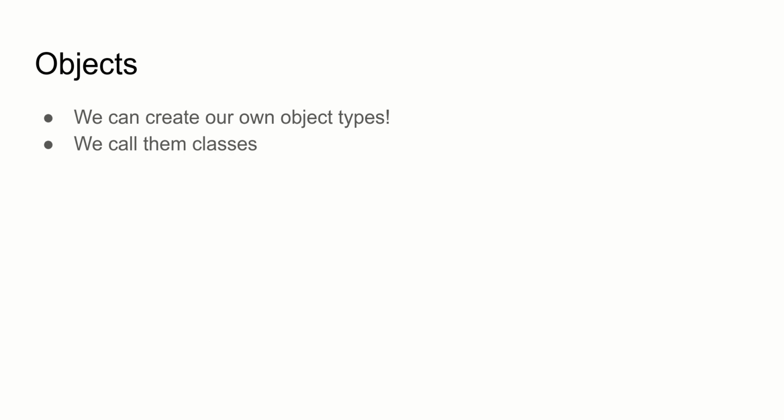We've used objects already, whether you knew it or not, and will continue to do so. But we can also create our own object types. What we do is we give them a specification, and that specification is called a class. So the specification tells the concept of what that type of object might look like.